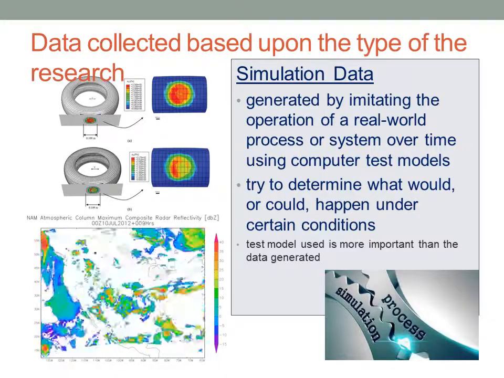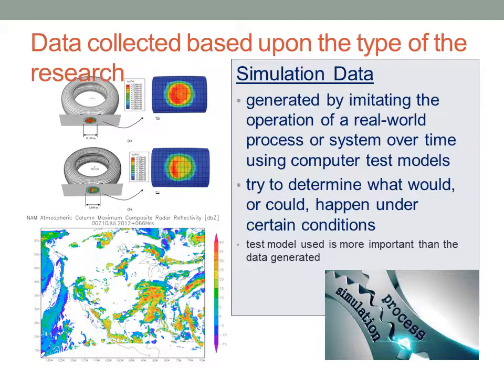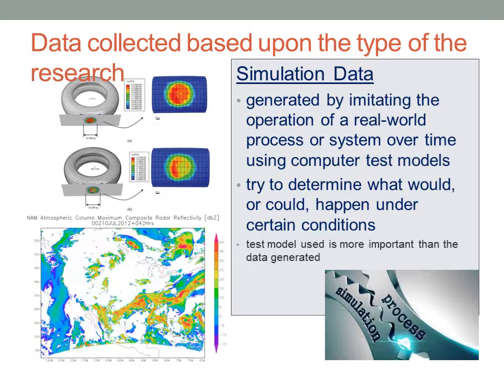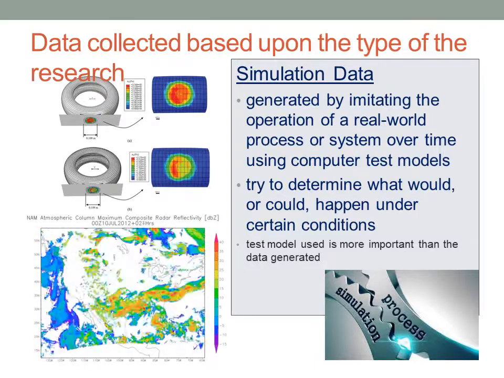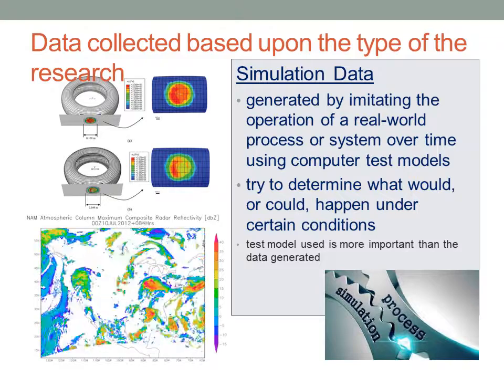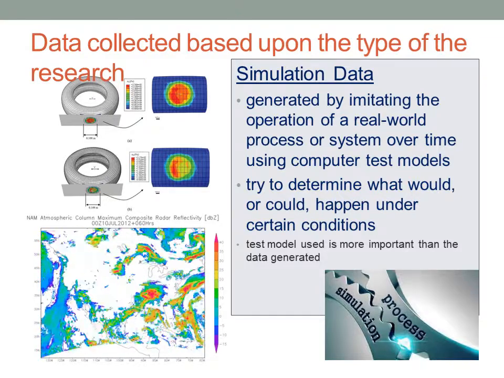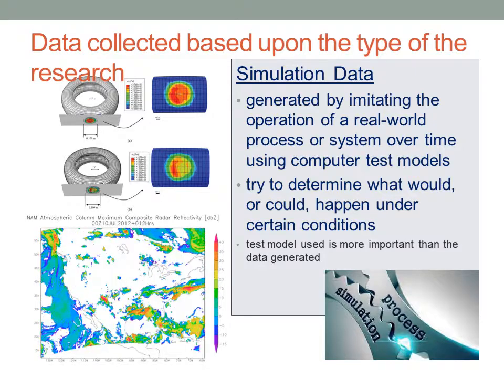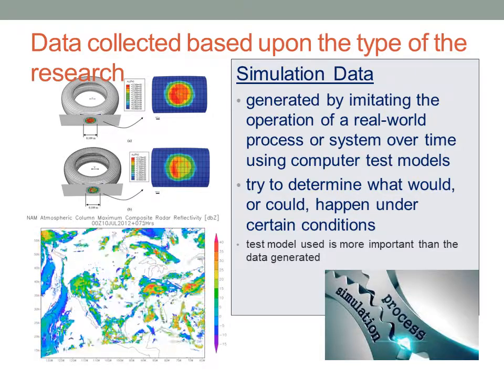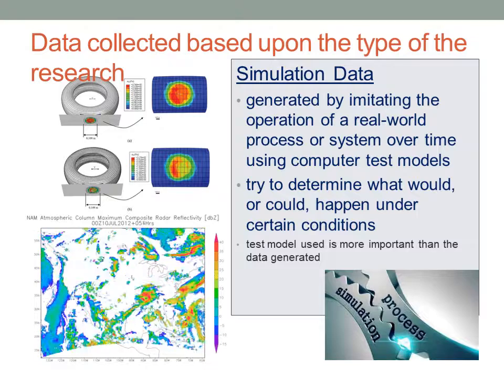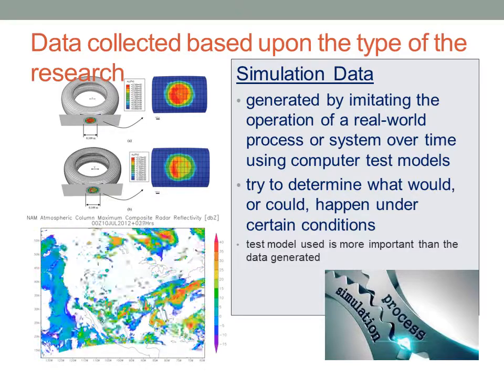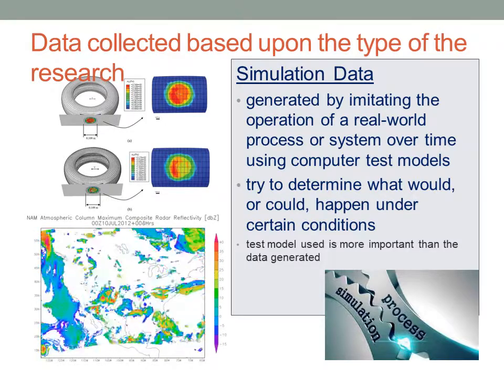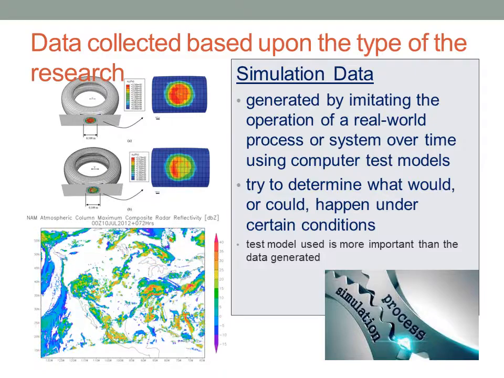The third type of data that is collected based upon the type of research is simulations. Now when you do a simulation, you generate the data by the operation of a real world process or a system over time using a computer program.